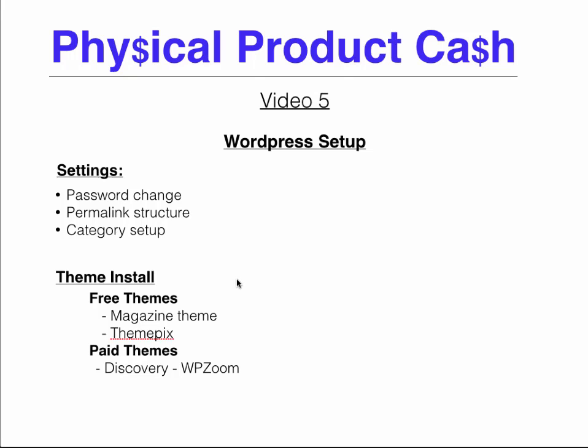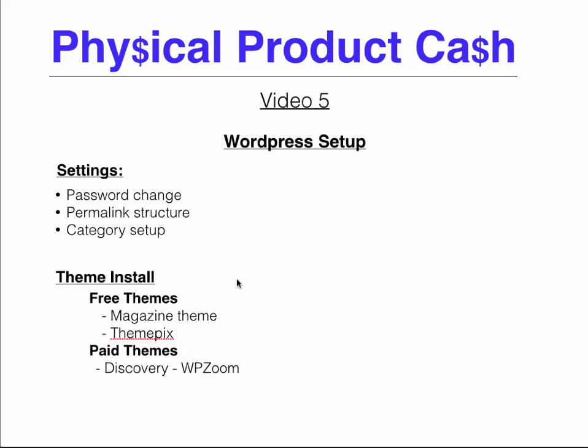Themes are the files which show the look and feel of the website. There are plenty of free themes as well as paid themes available for WordPress. My suggestion is magazine style themes, and there are so many magazine style themes in the free themes, and I will show you how to get that.